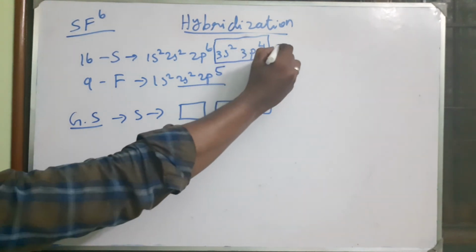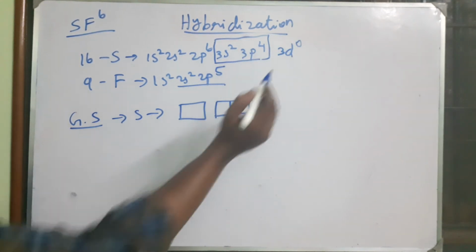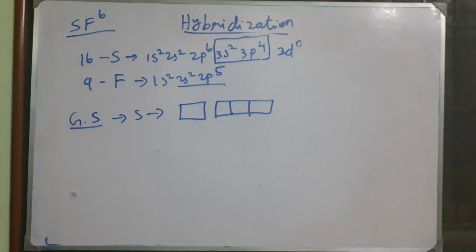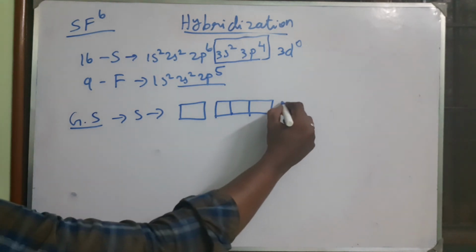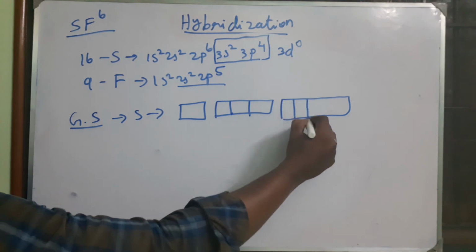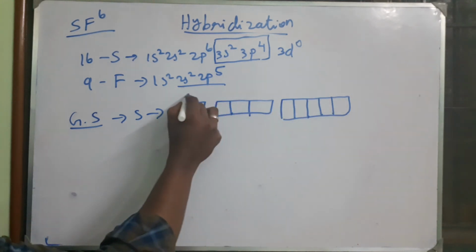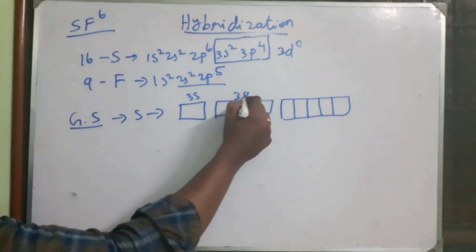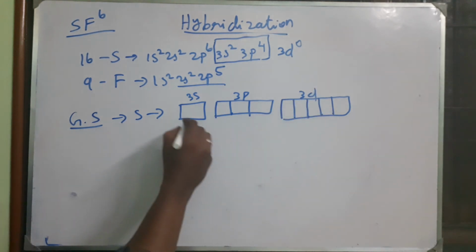In the same way, next the 3d orbital is 0 in the third shell. So 3s, 3p and 3d.